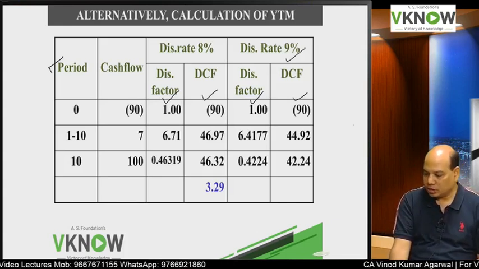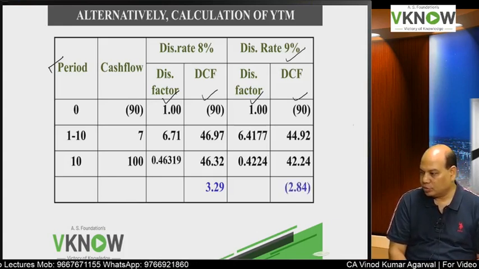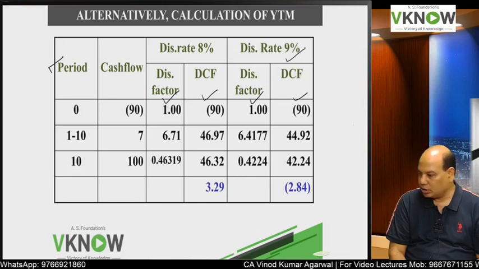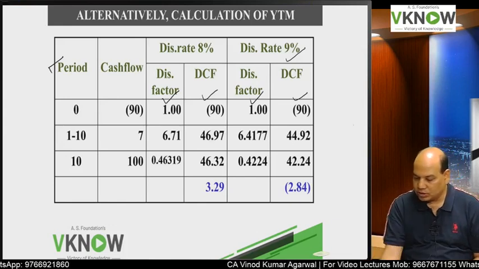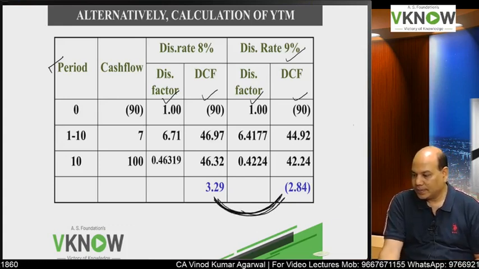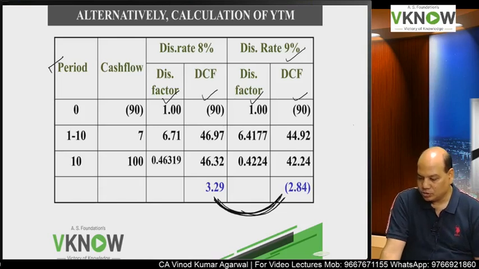Total of the last column is negative 2.84. Check the answer. Negative 2.84. So the answer is somewhere between these two. One is positive, one is negative.